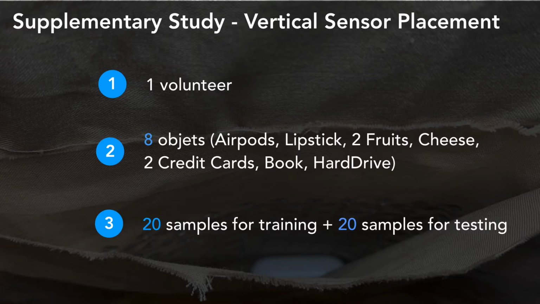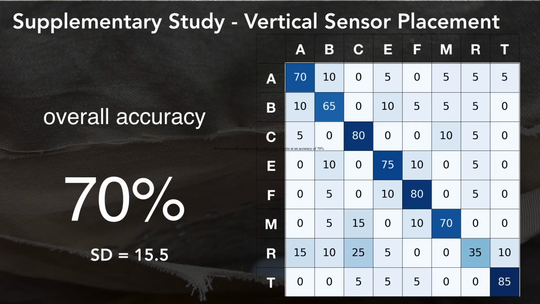Aside from this test, we also tested the performance of the sensor in a vertical placement similar to a pocket. The process is the same as the one described previously. We had 1 volunteer and 20 samples for training and testing. We included 8 objects that can be put into the sensor, such as AirPods, lipstick, kiwi, avocado, cheese, Discovery credit card, JCPenney reward card, a book, and an external hard drive.